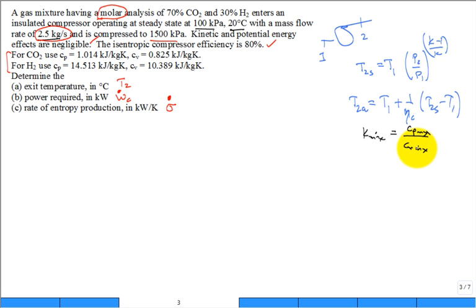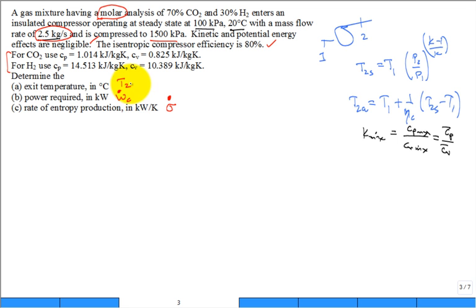If I do it on a mass basis, that's great. If I do C sub P bar of the mixture divided by C sub V bar of the mixture, will that work? Will that give me the same K? Yeah, you could work on a mass basis or molar basis. Either one will work. So conceptually, I need to get C sub P bar, C sub V bar or C sub V and C sub P. And, okay. I would get T2 pretty rapidly.